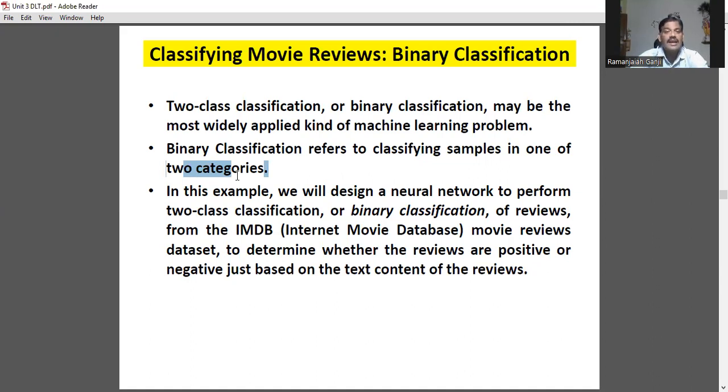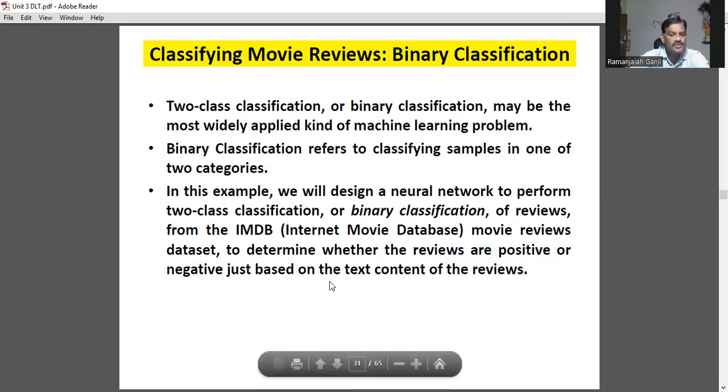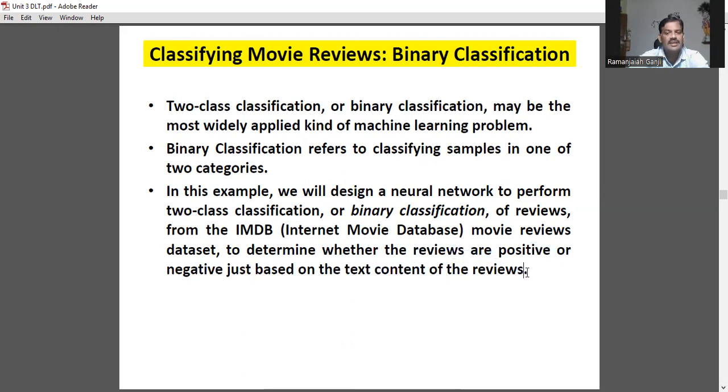In this example, we will design a neural network in order to perform two-way classification of reviews from the IMDb Internet Movie Reviews data set, to determine whether the reviews are positive or negative just based upon the text content of the reviews. For example, nowadays many people watch movies only based upon their star rating, in terms of 3.5 by 5, 1.2 by 5, 5 by 5, something like this.